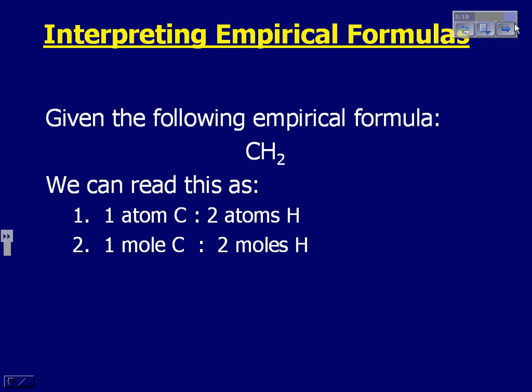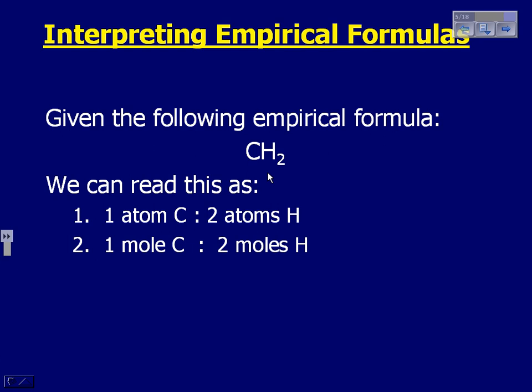So, what does an actual formula mean? What does an empirical formula mean? Well, if we have something like CH2, it means we have one atom of carbon and two atoms of hydrogen. But because we don't like dealing with atoms, they're too small, and we like dealing with moles, it also can be interpreted as 1 mole of carbon and 2 moles of hydrogen if I had 1 mole of the CH2.